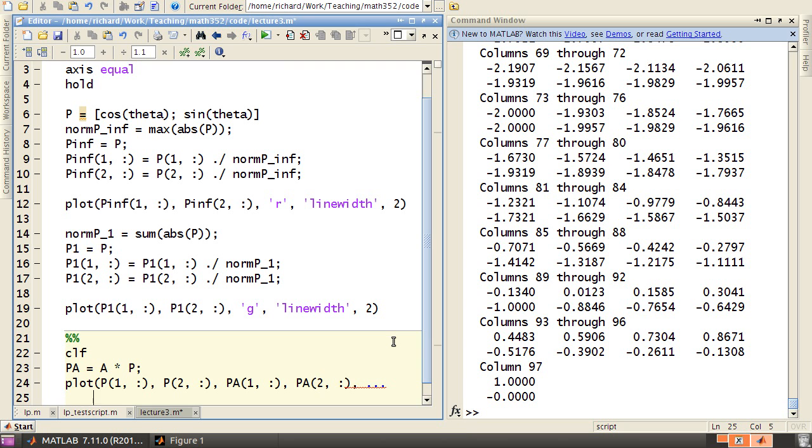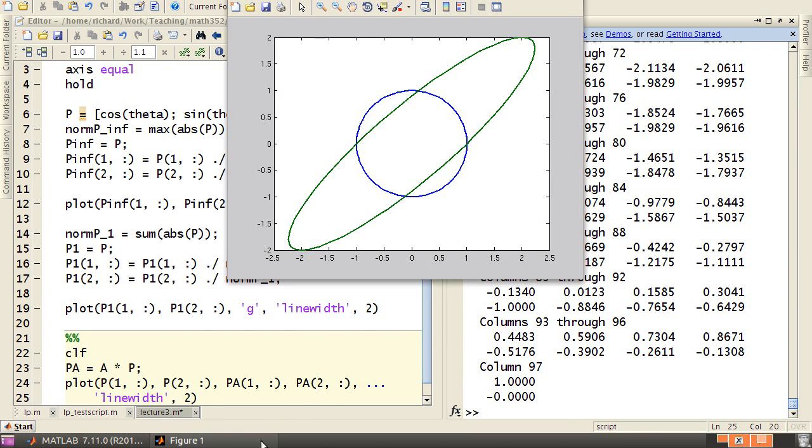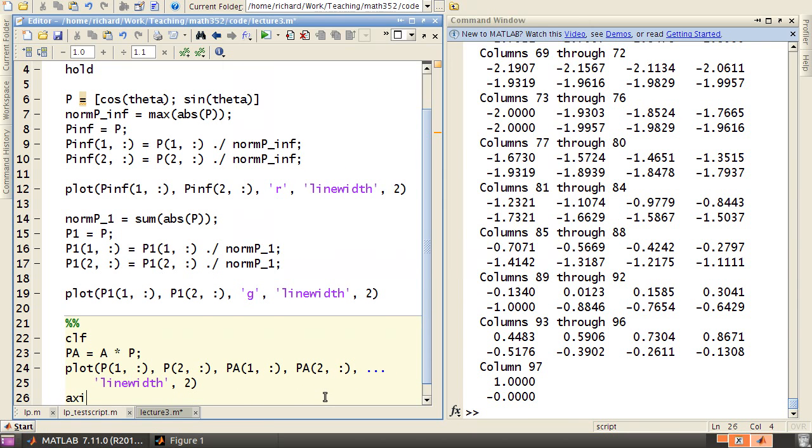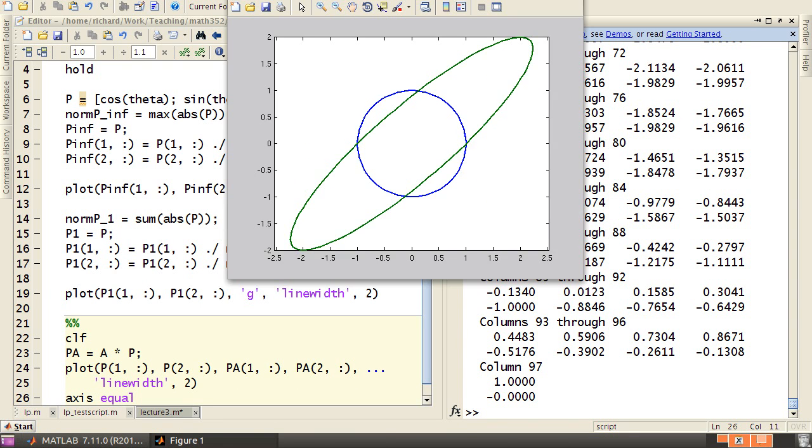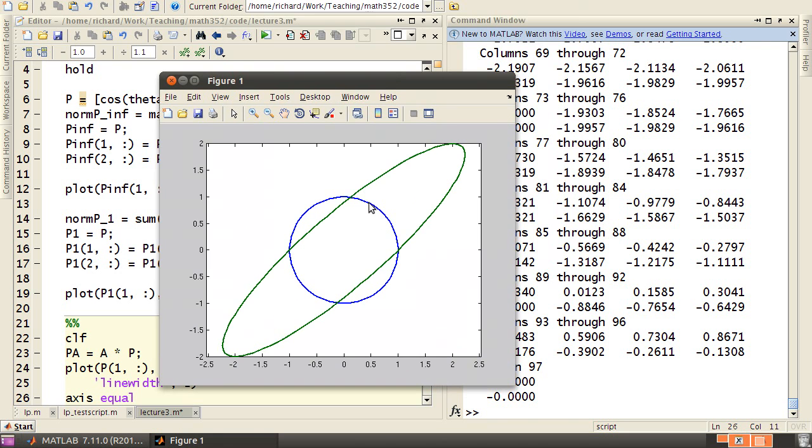Once again, I'll make the line a bit thicker so we can see it well on the screen. Then what I get is something that looks like this. I just do axis equal to make sure we get circles properly. Basically I've taken every vector on my circle and multiplied it by my matrix A, which was 1, 2, 0, 2, and this is what I get. This is always in fact the case: you always get an ellipse.